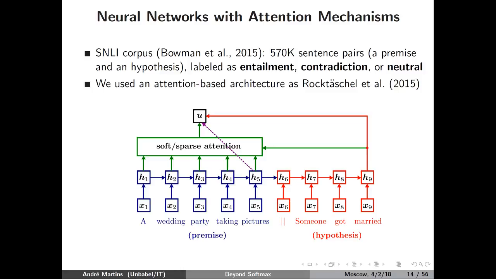And then they use the last state of the hypothesis as a query vector to an attention mechanism, and they want to compute attention over the words in the premise, and the output is going to be a weighted representation, a vector that represents what's the important part of the premise that is going to lead to the final prediction. In the end, they have another feed-forward layer that looks at this state computed after the attention. It looks at the last state from the hypothesis and gives one of these three labels.